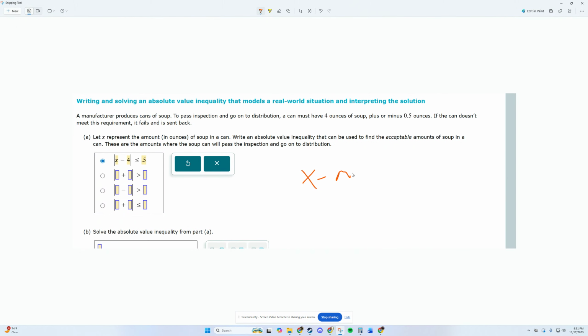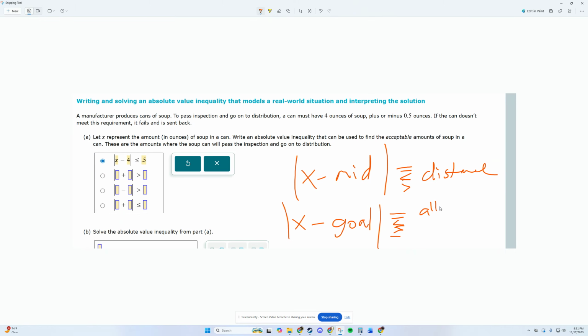So X minus the midpoint is less than or greater than the distance. Another way you could say this is X minus the goal, or the expectation, is equal to, less than, greater than, whatever, the allowable difference.